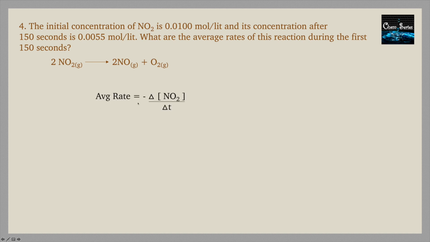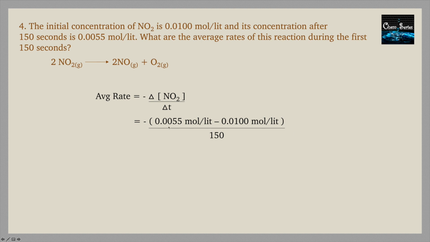The formula for average rate is minus del NO2 divided by del T. That is, del NO2 is your change in concentration of NO2 during the first 150 seconds. And what will be your del T? It is 150 minus 0, because at the initial concentration time is 0, right? So 150 minus 0 will be your del T. So average rate is equal to minus 0.0055 mole per liter minus 0.0100 mole per liter divided by 150.